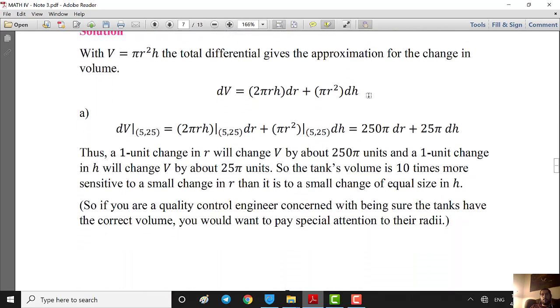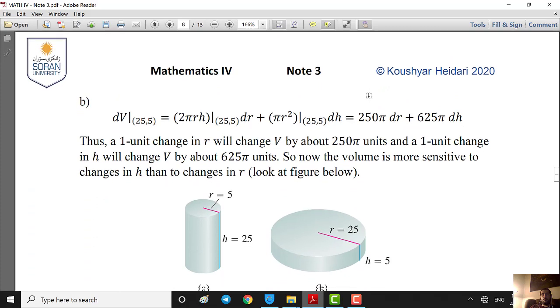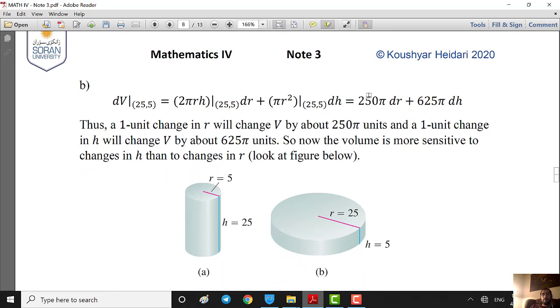Okay? Now in part B, the tank in part B looks like this. The tank in part A looked like this.